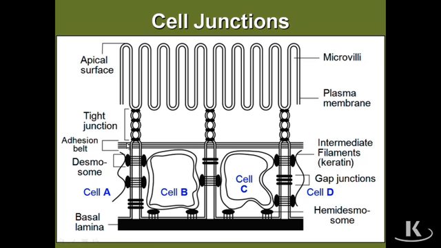Underlying the zonula adherens, you can see a couple examples of desmosomes. Desmosomes are junctional specializations that help keep epithelial cells together. So they're going to be particularly prominent in an epithelium that's under considerable stress, such as the stratified squamous epithelial cells that make up the epidermis.